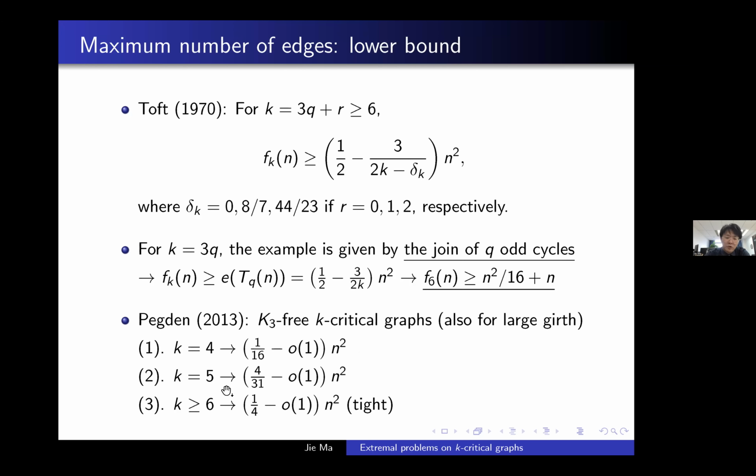When k is 5, interestingly, he also gets 4/31. And when k is at least 6, he got 1/4 times n squared. Now notice that this bound is tight, because we're talking about triangle-free graphs. Mantel's theorem tells us that for triangle-free graphs, the maximum number of edges is just 1/4 times n squared. So this is tight.